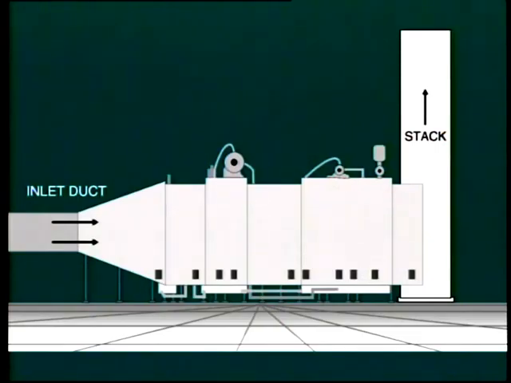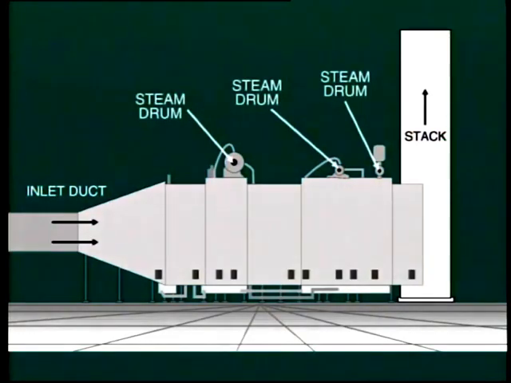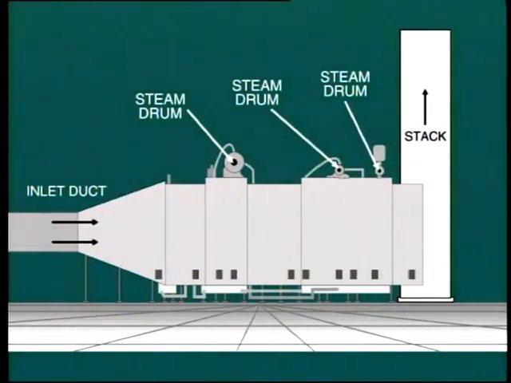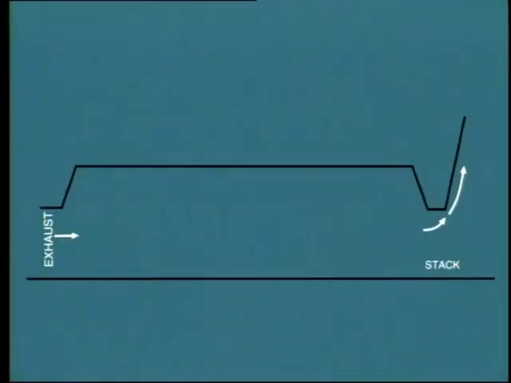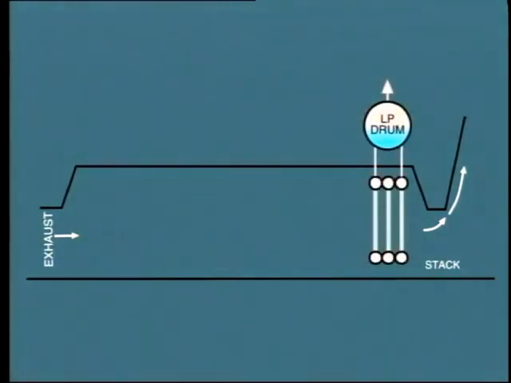For example, just looking at the external view of this HRSG, we can see that it has 3 steam drums. That is the HP, or high-pressure steam drum, the IP, or intermediate pressure steam drum, and the LP, or low-pressure drum. Let's look at the internal arrangement, beginning with the low-pressure section.